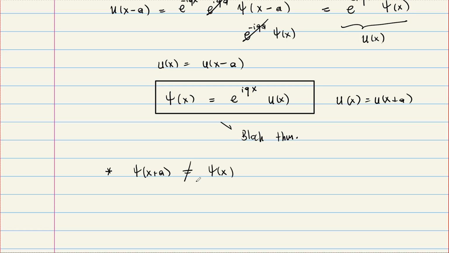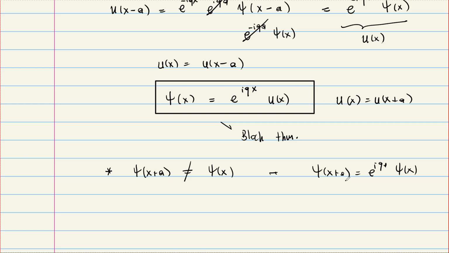I mean, the Hamiltonian is periodic, but it doesn't mean the wave function is periodic. Rather, we have ψ of x plus a is e to the i q a ψ of x. There is a phase degree of freedom with the translations. And that's the essence of Bloch theorem.